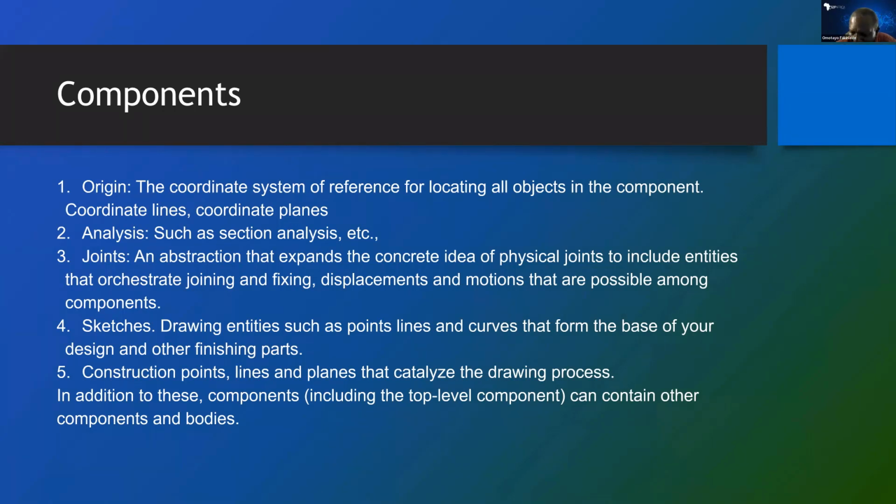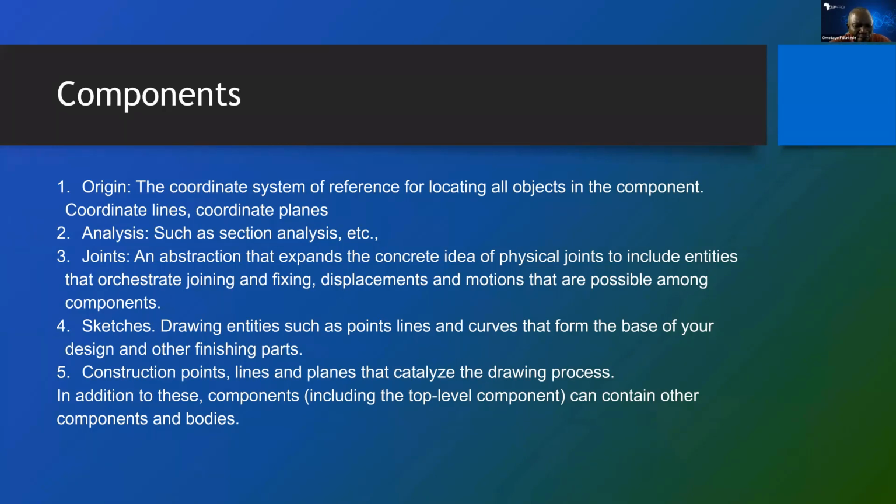In the next few slides, we are going to distinguish between what is a component and what is a body. So if you just have a group of bodies, you cannot have a joint connecting them. It's only when you have a number of components that you can have pairwise joints joining the components, and those joints orchestrate joining.